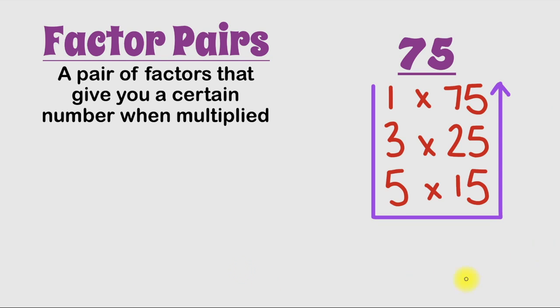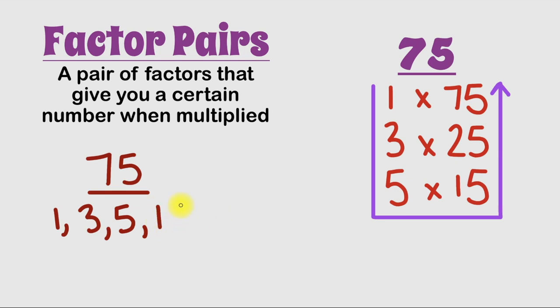So we could say the factors of 75 are 1, 3, 5, 15, 25, and 75.